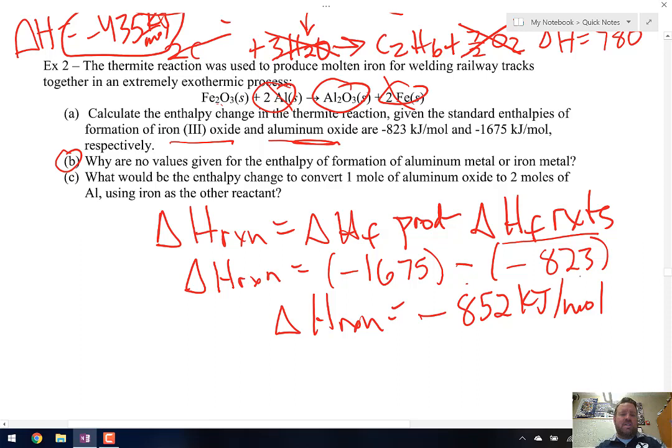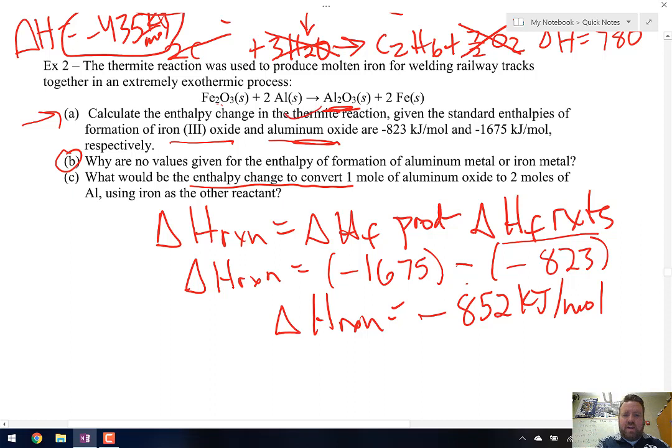Okay, and then part C, what would be the enthalpy change to convert 1 mole of aluminum oxide to 2 moles of aluminum using iron as the other reactant? So basically, this is the only part that deals with Hess's law. A is not Hess's law, B is not Hess's law, but C is saying what would be the enthalpy change to convert a mole of aluminum oxide? So again, let's come back to our balanced equation here.